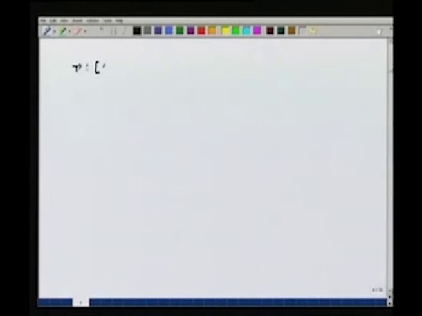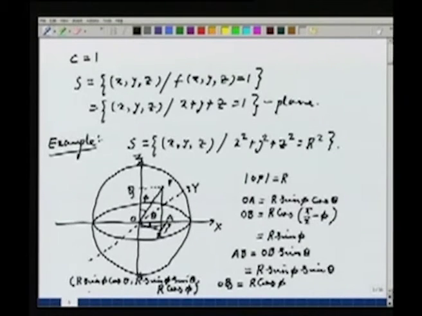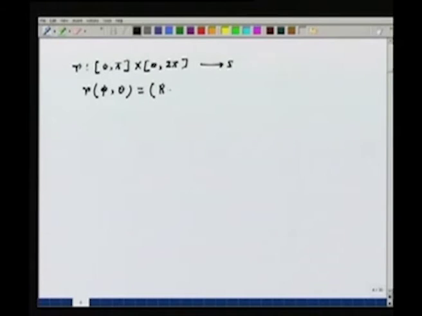It is a map from 0 to pi cross 0 to 2 pi to the sphere S, that r of phi, theta is, I go back to the picture again, the first coordinate, R sin phi cos theta, then R sin phi sin theta, and then R cos phi.